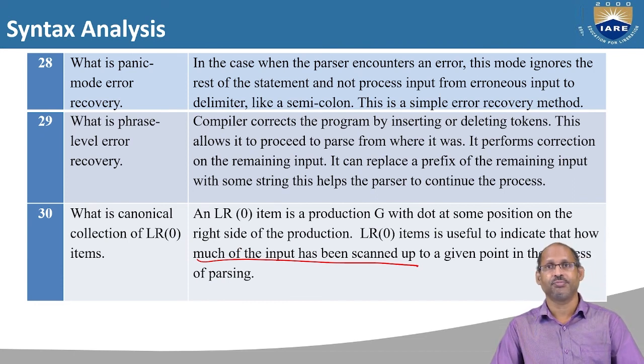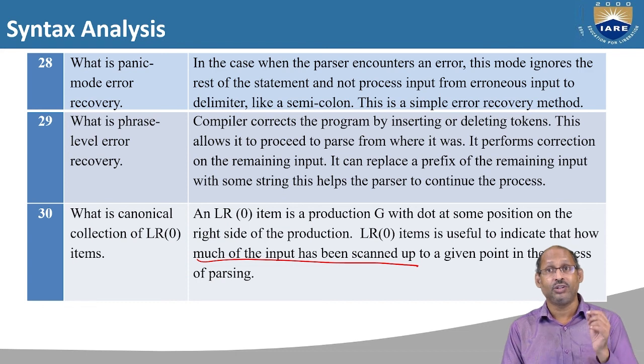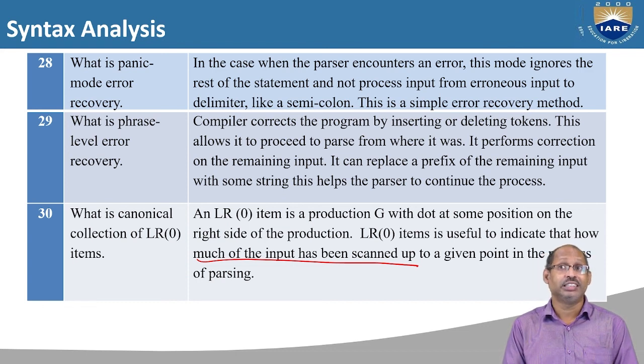So here the productions will have a dot indicating up to which symbols the input is parsed. So these are the term definitions and terminology for the second unit, syntax analysis.